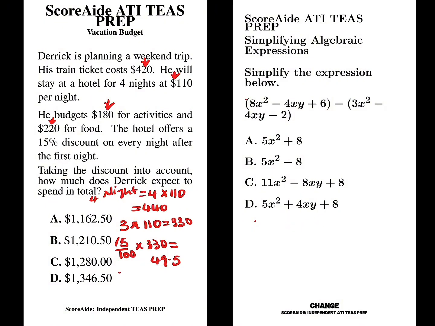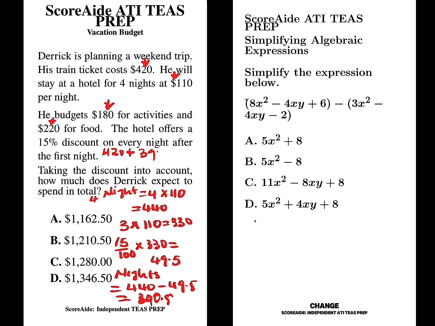So for the nights, he's going to spend $440 minus 49.5, which is going to be equal to 390.5, right? That is the total he's going to spend for the nights. Now, therefore, the total he will spend is the cost of the ticket plus the nights.